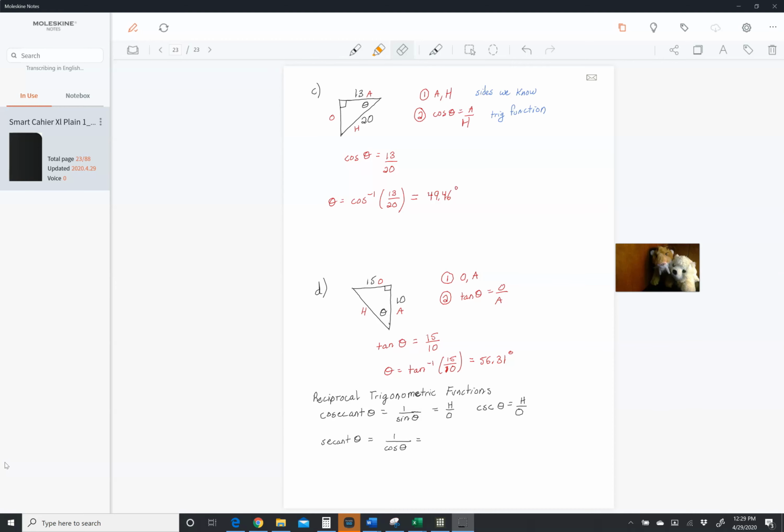So if cosine is A over H, then secant is H over A. And the reciprocal of tangent is cotangent. So if tangent is O over A, then cotangent is A over O.